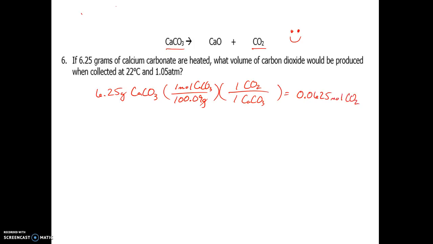Now, after we have this moles of carbon dioxide, when we look at the other values that we have, our pressure we're given as 1.05 atm. The volume happens to be what we're trying to find. Our number of moles for our carbon dioxide, we just figured out was 0.0625.